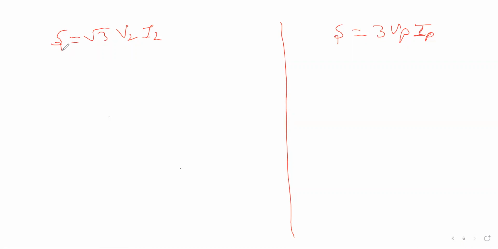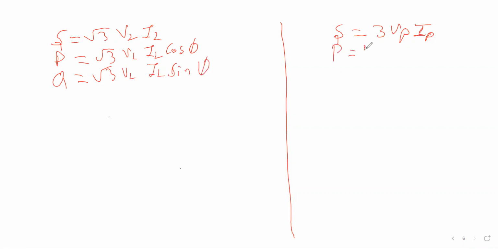We know these two terminologies, and we also know P is root 3 VL IL cos phi, Q is root 3 VL IL sin phi. And in phase terms it's 3 VPH IPH cos phi, and Q is 3 VP IP sin phi. So we are aware of this particular concept.